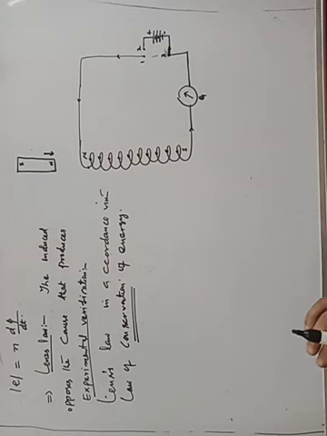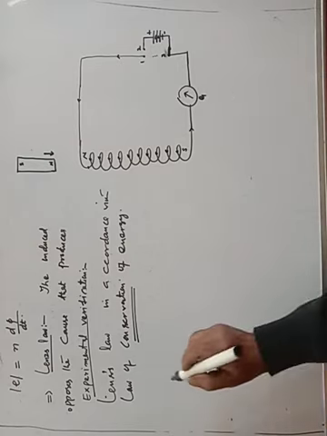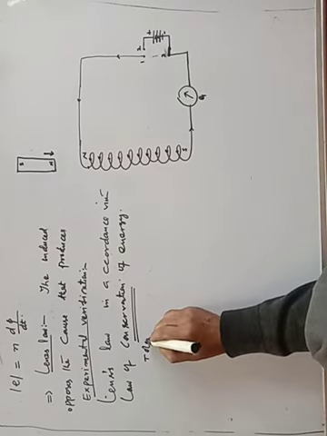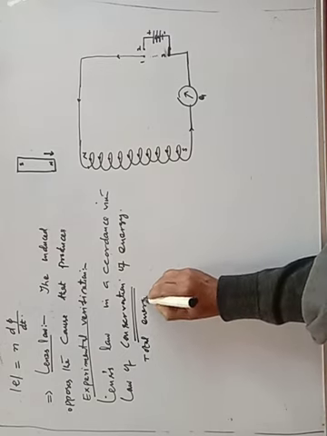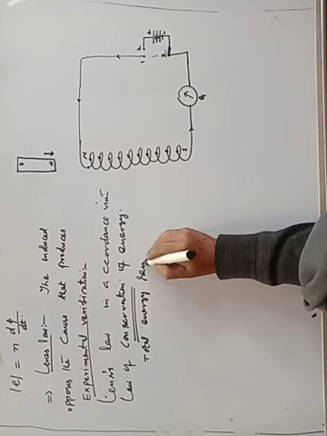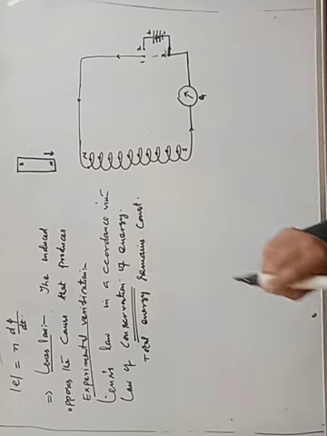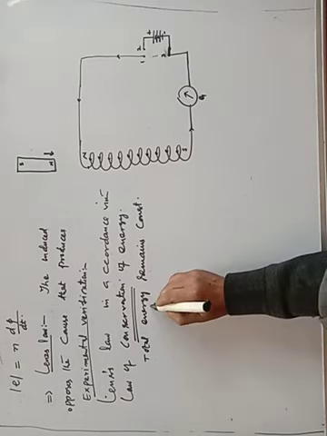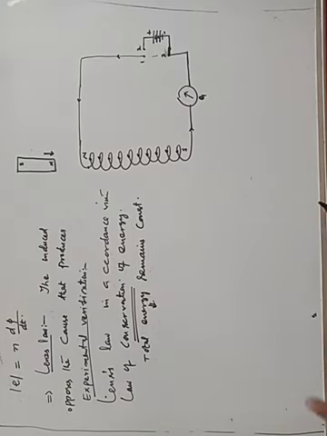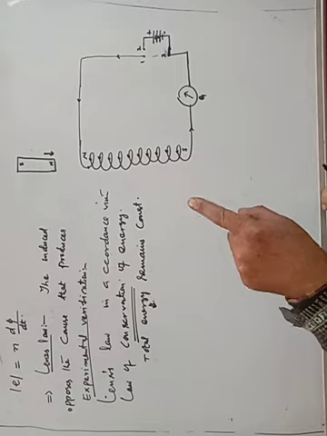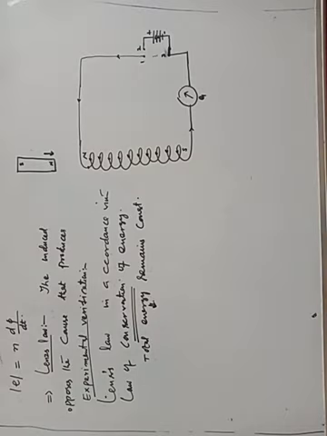So there is transformation of the energy from one form to another, and total energy remains constant, right? तो इस Lenz's law में क्या होता है? So there is a magnet which is taken towards the coil, or the magnet which is taken away from the coil.